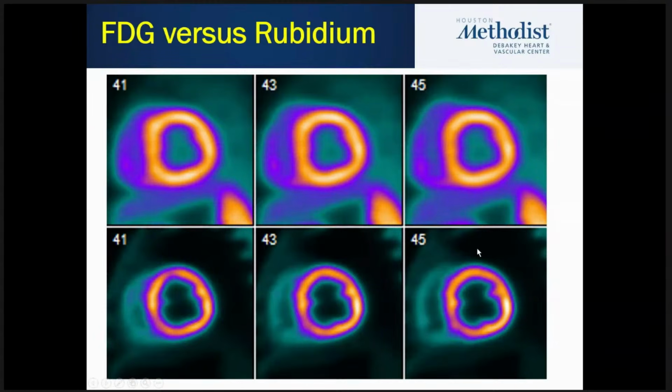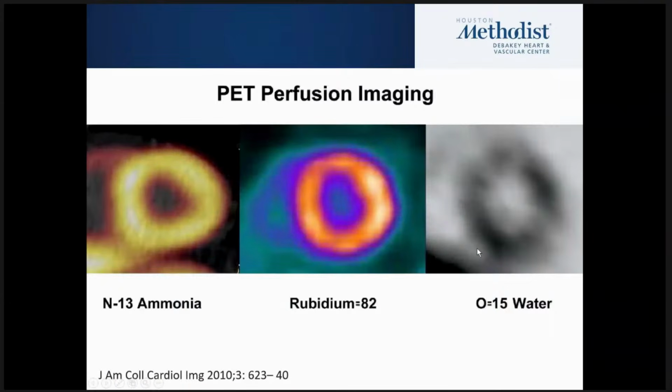So let's go through the radio tracers, and we will be covering different ones here. We have N13 ammonia, rubidium, and as I said, O15 water doesn't usually give you a nice image. It's primarily to measure flow, and O15 water is the ideal flow tracer.